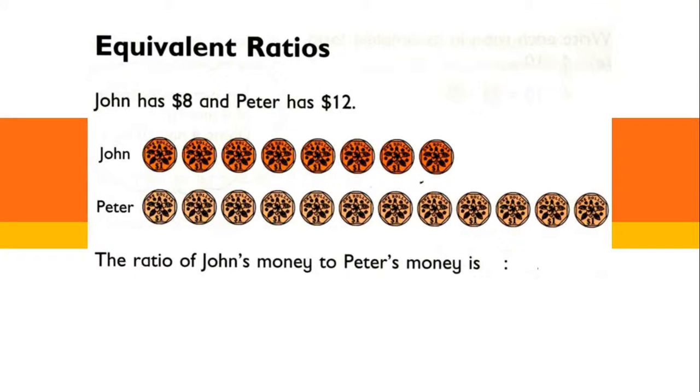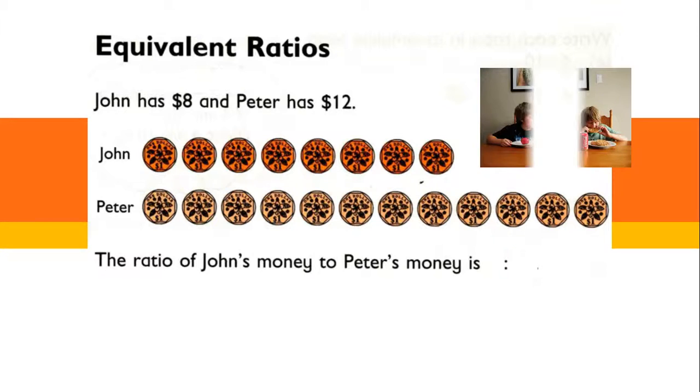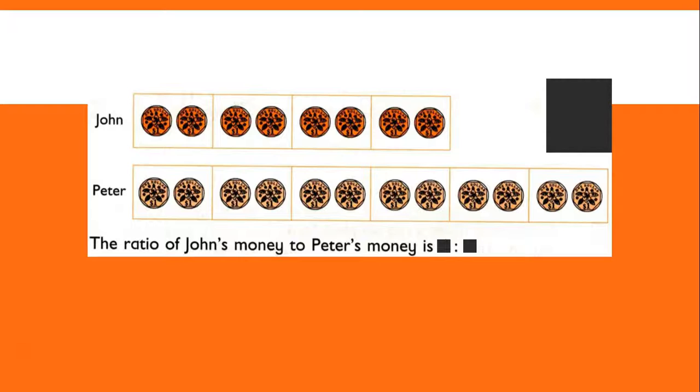Let's look at this other example. John has $8 and Peter has $12. So the ratio of John's money to Peter's money is... Try it out on your whiteboard. 8 is to 12. Let's try this.